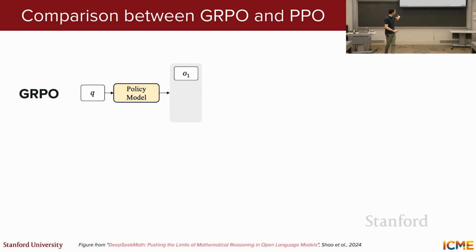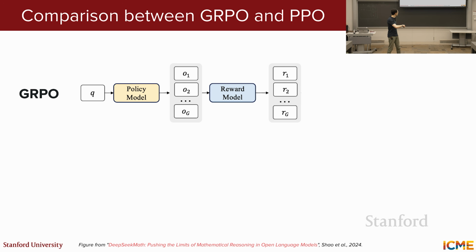Here we said we want to generate not one, but multiple completions, let's suppose G completions. Each of these query-completion pairs, so you have G such pairs, you pass through the reward model, which gives you G rewards.